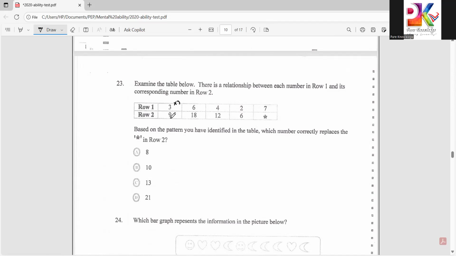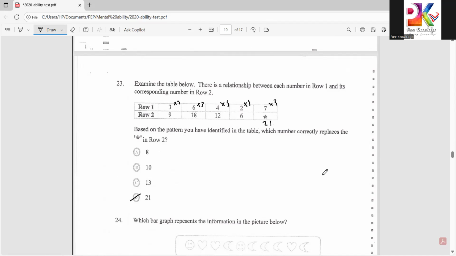Let's check it. 3 threes is 9. 3 sixes is what? 18. So let's take your time and look for your patterns, right? 4 threes is 12 and 2 threes is 6. So that means 3 times 7 would be 21. So your answer here, guys, would be 21.